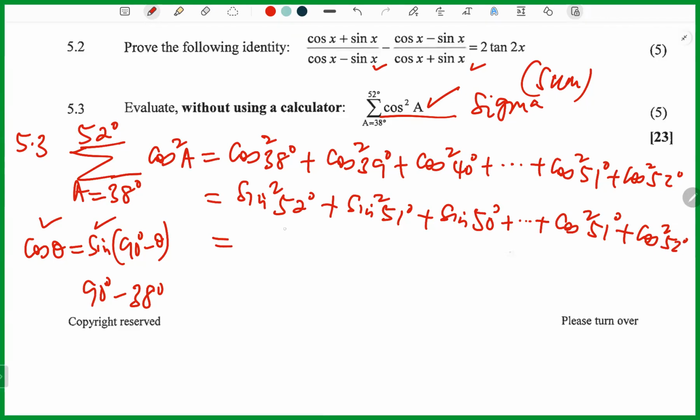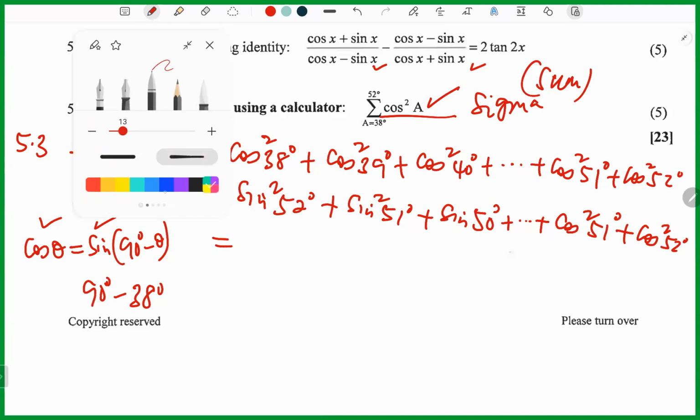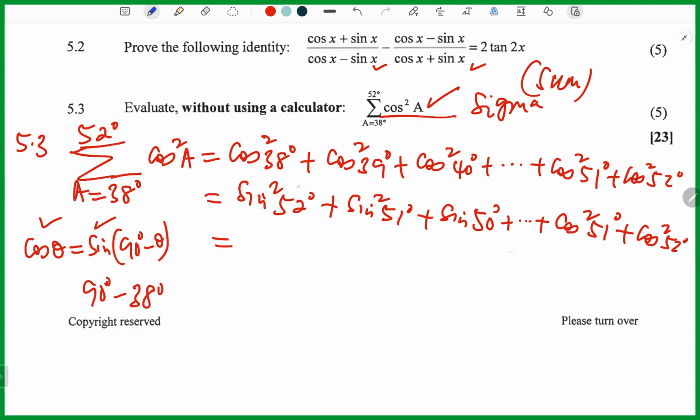And then now if you have sine squared plus, okay, so you can sort of pair these things up. How do you pair them up? You're going to add these up. If you check very carefully, you'll see that the sine squared of 52 and the cosine squared of 52 give you 1.